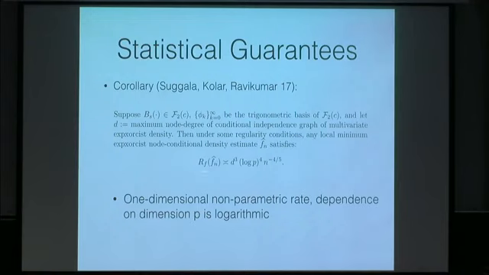Our rate, the mean integrated squared error, scales cubically with this maximum node degree, and it's n to the minus 4 by 5. Essentially the dependence on the dimension is now polynomial instead of exponential.